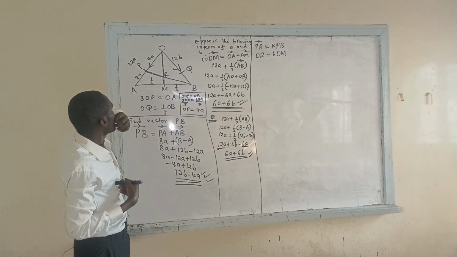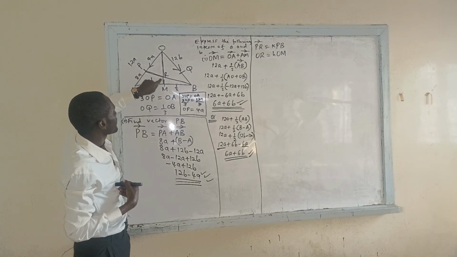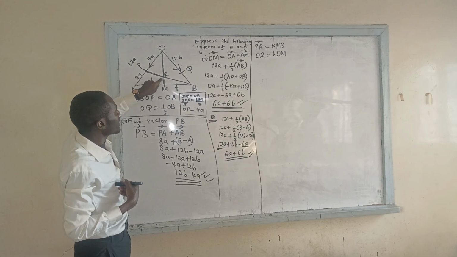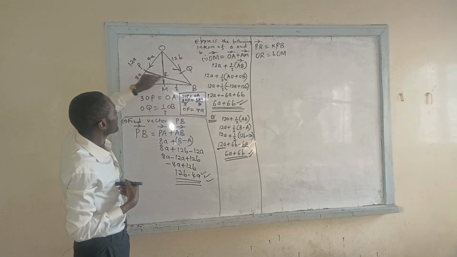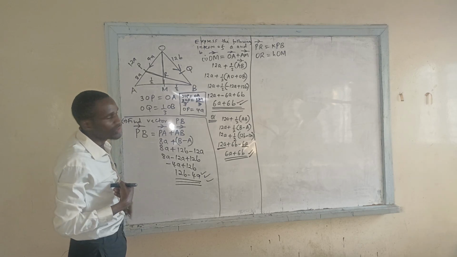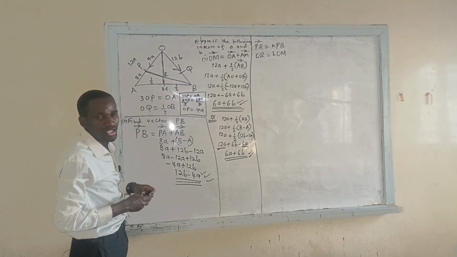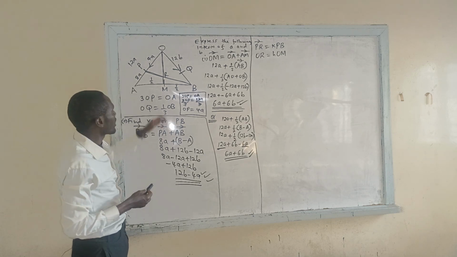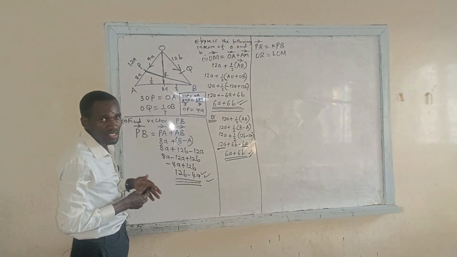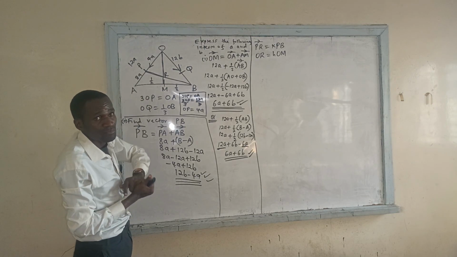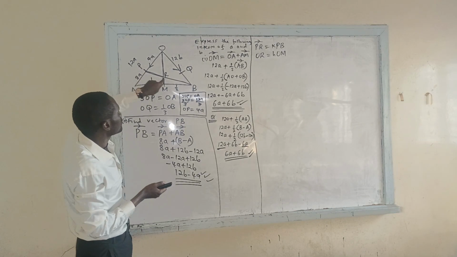Then, it's like you really want to move from P to R. So, in other words, you are going to write PR in 2 different ways. You can write OR in 2 different ways. You can write PR in 2 different ways. But the easiest way is writing PR in 2 different ways. So how do I write PR in 2 different ways?